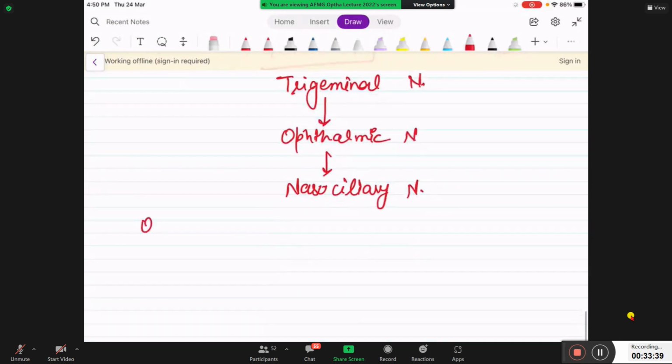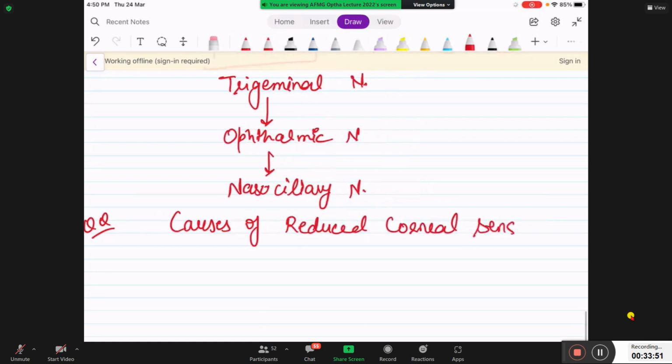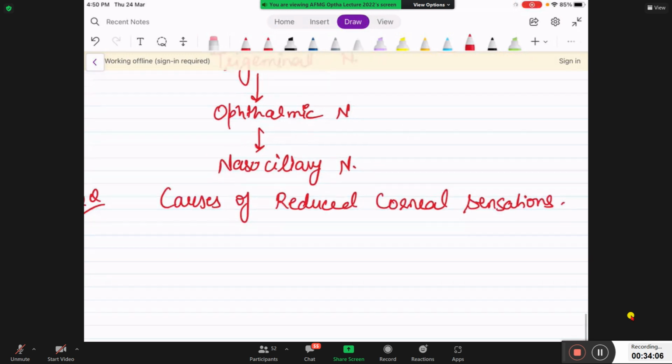Okay. Now, the next important question, write down. In the exam, they will ask you, what are the causes of reduced corneal sensations? So how do you check the corneal sensations in your OPD?